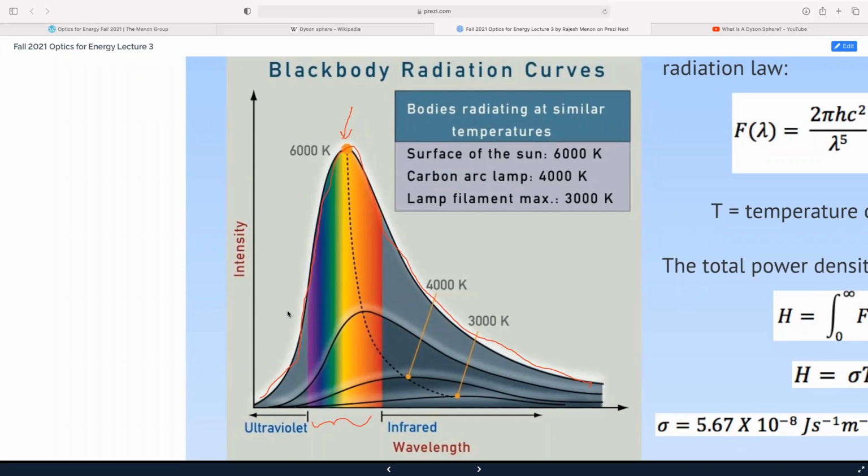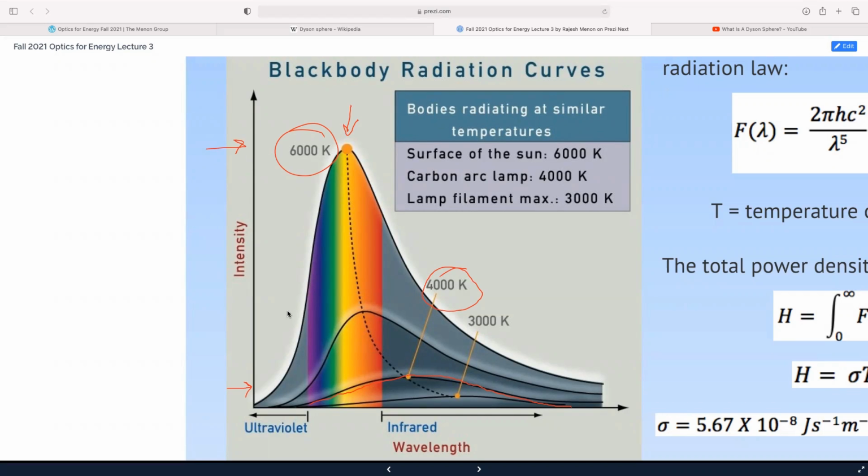The other thing I should point out is that if you look at different curves at different temperatures, this is 6,000 Kelvin. If you look at 4,000 Kelvin, the peak has dropped down here. Two things have happened. The peak value has dropped dramatically, from here to here.